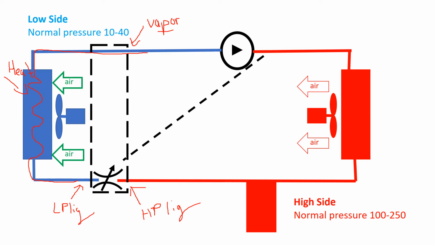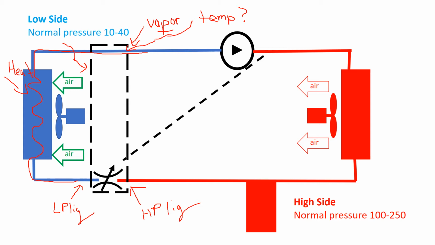Now, difference from the CCOT, we've got this variable orifice, and what it does is monitors the temperature right at the outlet. And by monitoring temperature, that valve is able to open and close as required to either restrict refrigerant flow or allow more refrigerant flow.